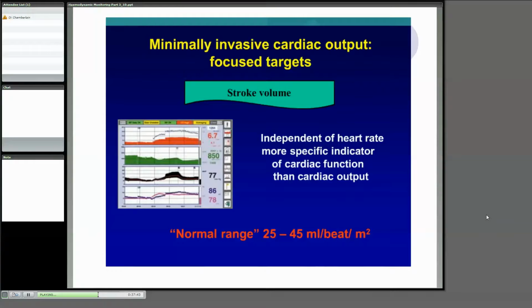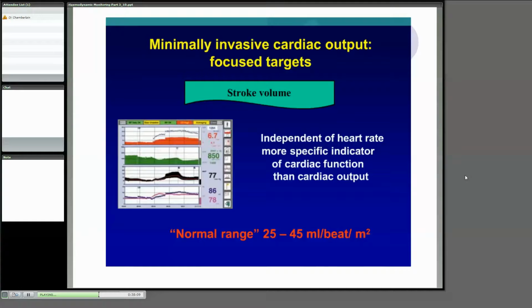So we like to look at stroke volume too, but that again is independent of heart rate. And even though we have stroke volume index there, on these devices like the PICCO and the LiDCO, they actually have the stroke volume listed all the time, as well as the SVO2, that tends to be constant.